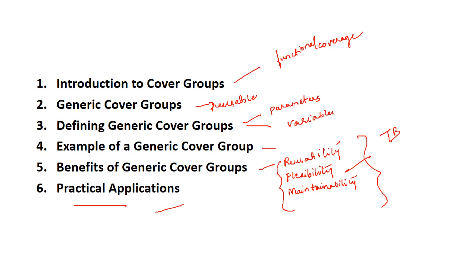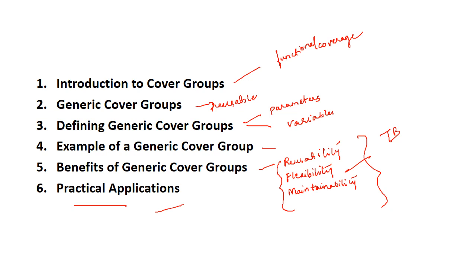Generic cover groups can be reused across different parts of the test bench, which reduces redundancy. Also, it is flexible, that is, it can be easily adapted to different types of scenarios by just changing the parameters, and it simplifies the maintenance of the test bench by centralizing the coverage definition.